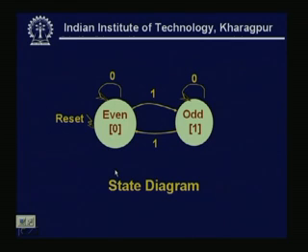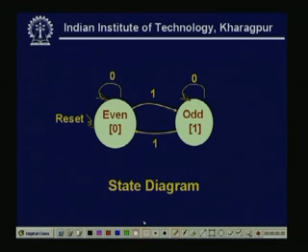So, if we represent that as a state diagram, again there are two states. This is my even state, which is encoded as 0, and this is my odd state, which is encoded as 1.